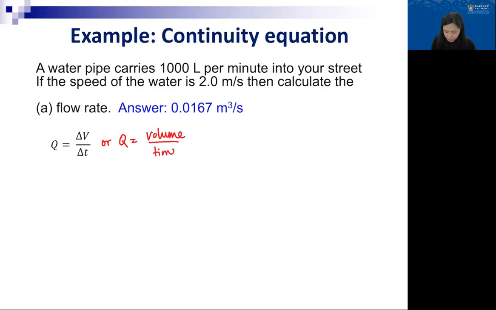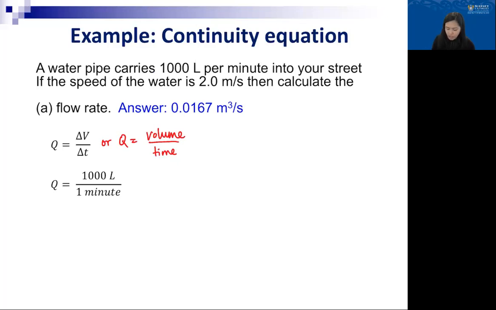We're given the volume, it's 1,000 liters, and the time is 1 minute. 1,000 liters of water is crossing an area every minute.